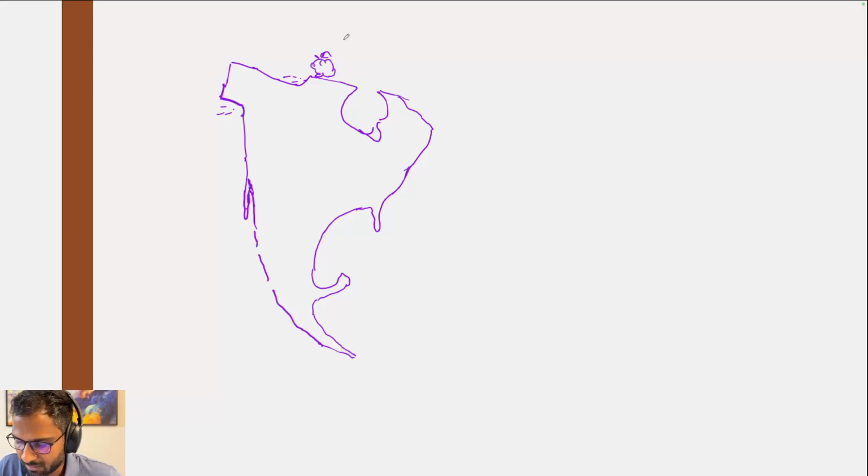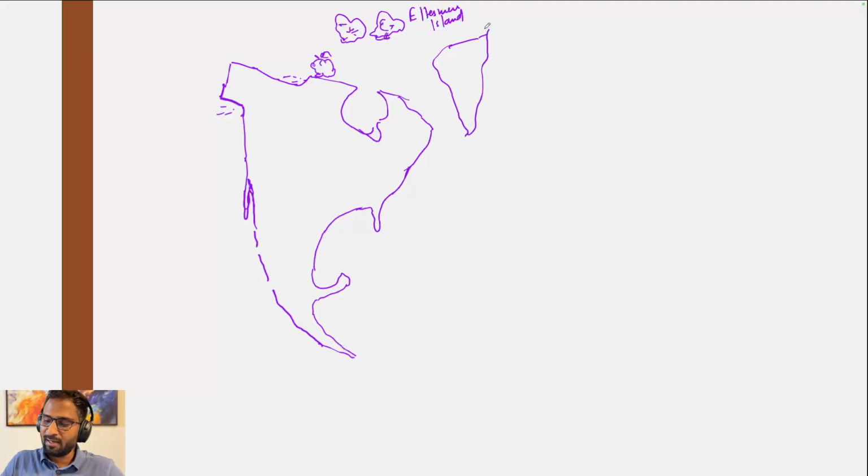I said in the northeast of Victoria Island we had another island called Elizabeth Island, and east of Elizabeth Island, Ellesmere Island, and over here we saw Greenland, and west of Greenland we saw a group of islands called Baffin Island.